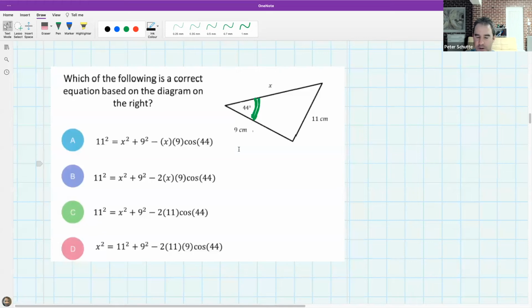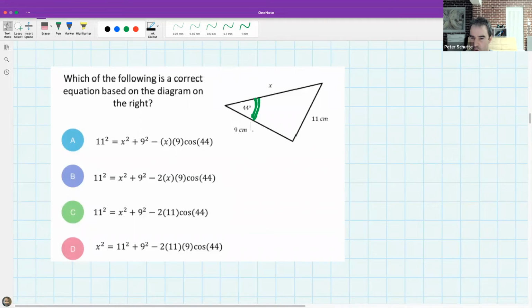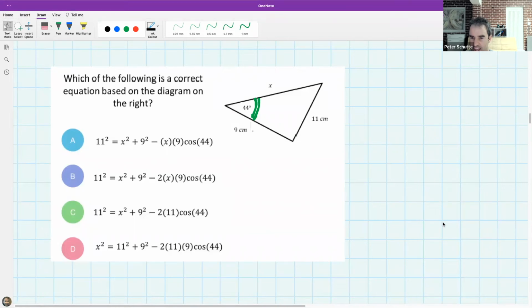Why don't you start by trying to write out what you think would be a correct one? Okay. I see a couple of people. I want everyone to, even if you have to guess, I want everyone to try and make a choice. And then let's go from there. So I want to say that it feels to me like the 11 is the thing that should be standing by itself. Now, the reason I say that is the 11 is the side that's opposite the angle.